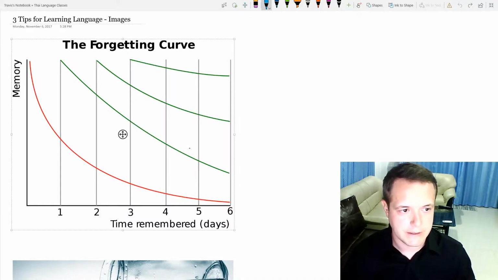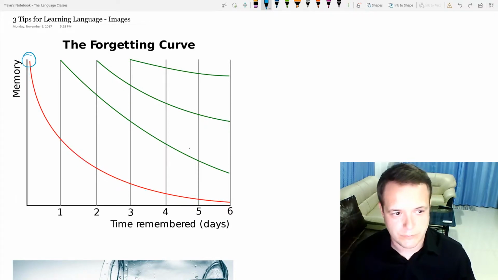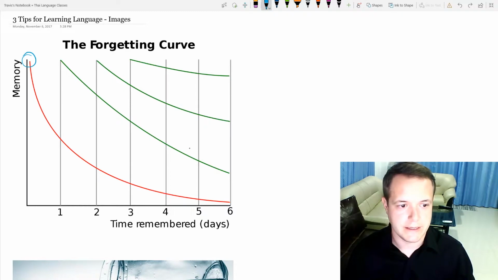Right up at this spot. So you start here, first time. But as you can see, according to this red line, you forget it quite quickly. You go down this line. So in a short period of time, if you just hear it that one time, then it exponentially goes out of your memory, or is harder to recall.